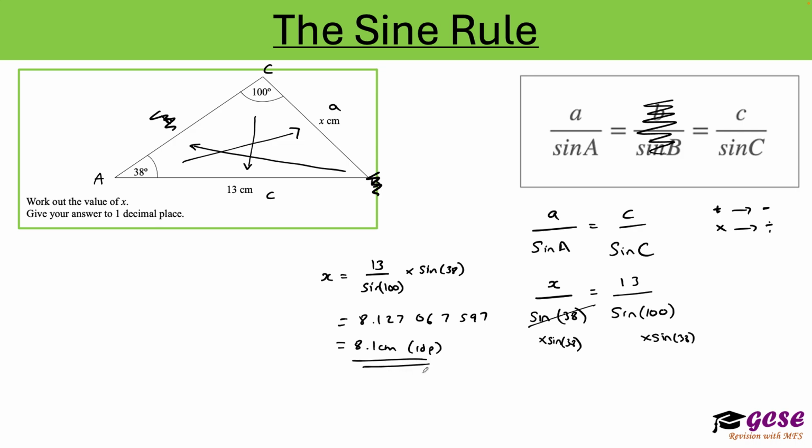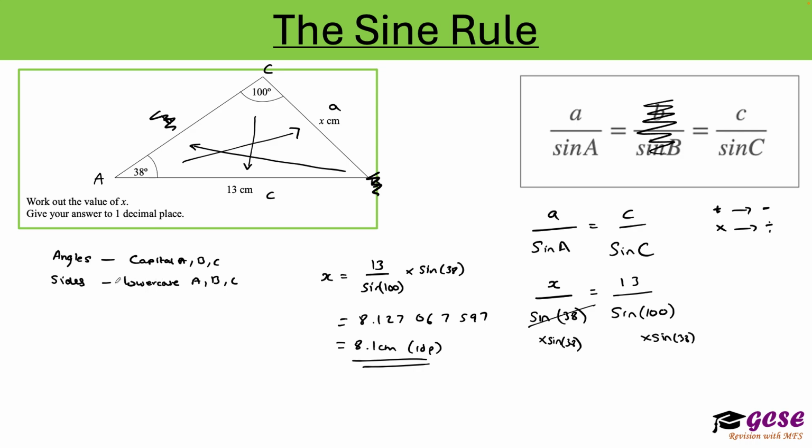Okay, so just remember the key rules. Look at this formula. It's really easy to learn, so just make sure you're familiar with it. When you're given the question, label your sides and label your angles. Always remember that the angles should be labeled as capital A, B, and C, and the sides should be labeled as lowercase a, b, and c.